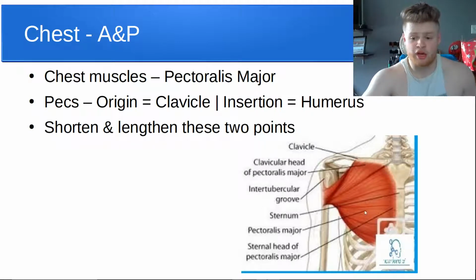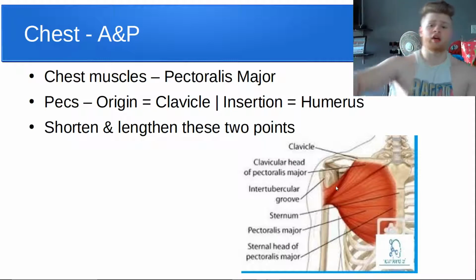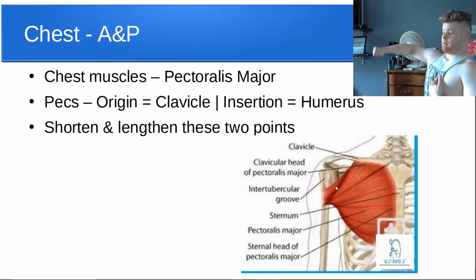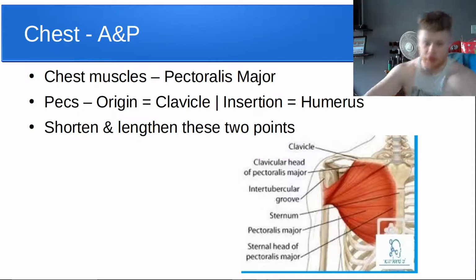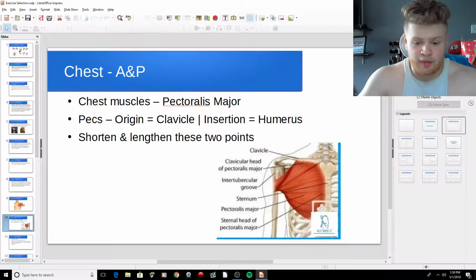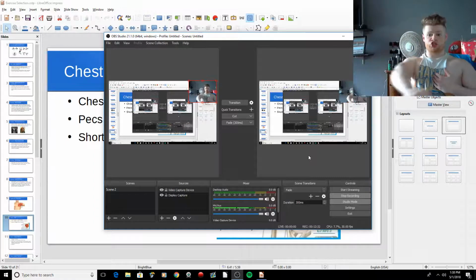Likewise, in order to hit these muscle fibers, the ones that run at a 45-degree angle from the humerus down towards the sternum area, we need to angle our arm in the opposite direction and shorten and contract. Hopefully you guys can see that. I'm just going to back out and make sure. Okay. So flat movements, shorten and contract.